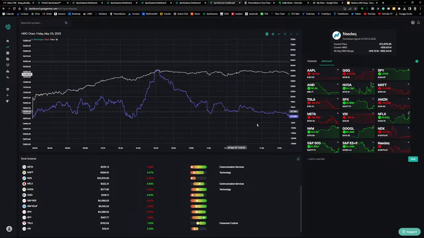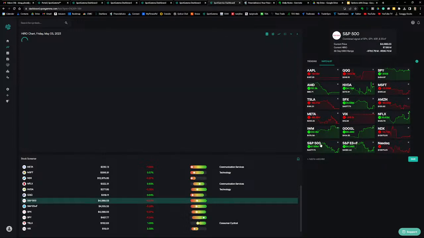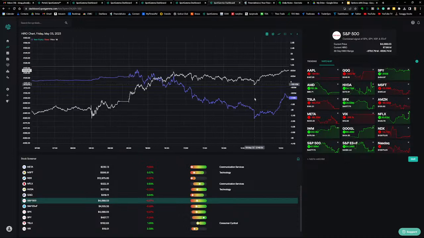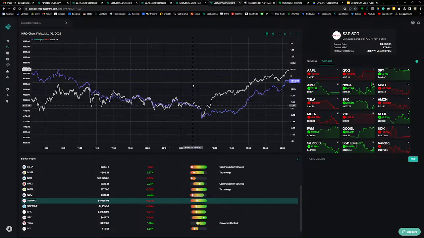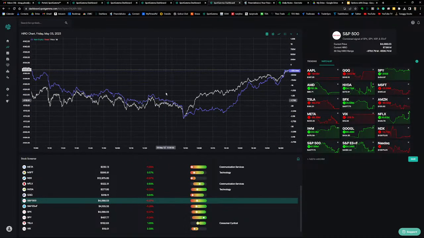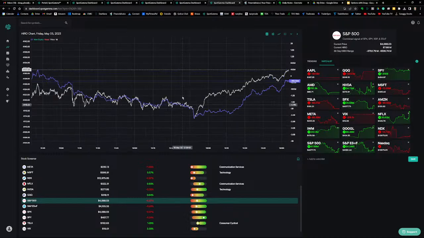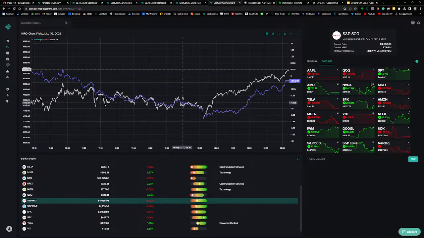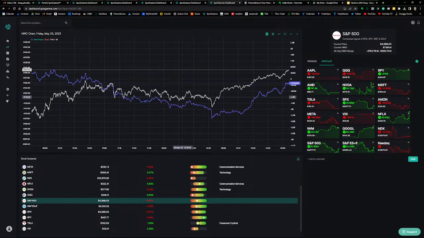All right, so this is the NASDAQ. We were talking about the S&P 500, so let's go take a look at the S&P 500. I'm going to zoom in just a little bit. When we cut out that first half hour or so, there's a stronger confirmation between hedging flow and price action.